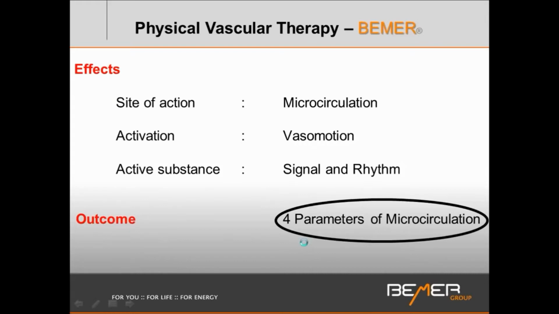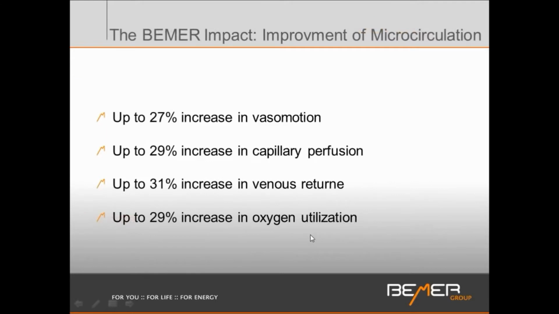So what are the parameters of improvement in microcirculation? Here are the statistical value changes that are quantifiable, repeatable, and apply to a large random population. We have well over a million users worldwide, and as long as you have microcirculation, you will see these statistical value changes possible. The BEMER direct impact is on vasomotion, and that improves by a rate of 27%, which then increases the blood flow into the capillary beds by up to 29%.